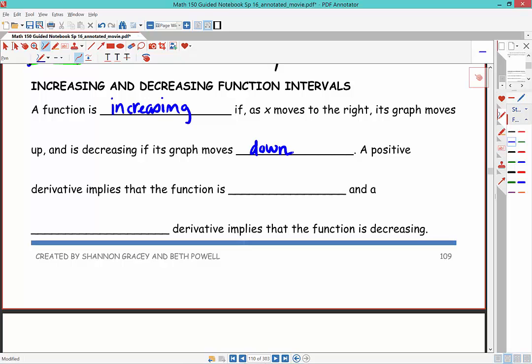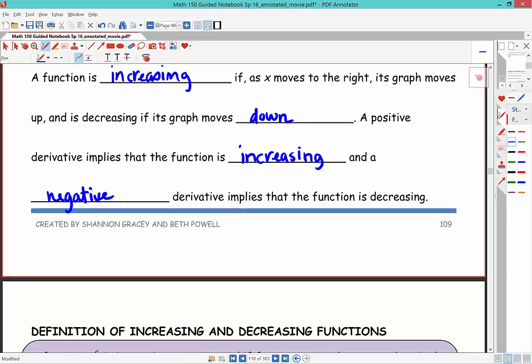A positive derivative implies that the function is increasing, because remember, a positive derivative means a positive slope, which implies increasing movement on the graph. So that means a negative derivative implies that the function would be decreasing because it would have a negative slope. The function would have a negative slope there on that interval.